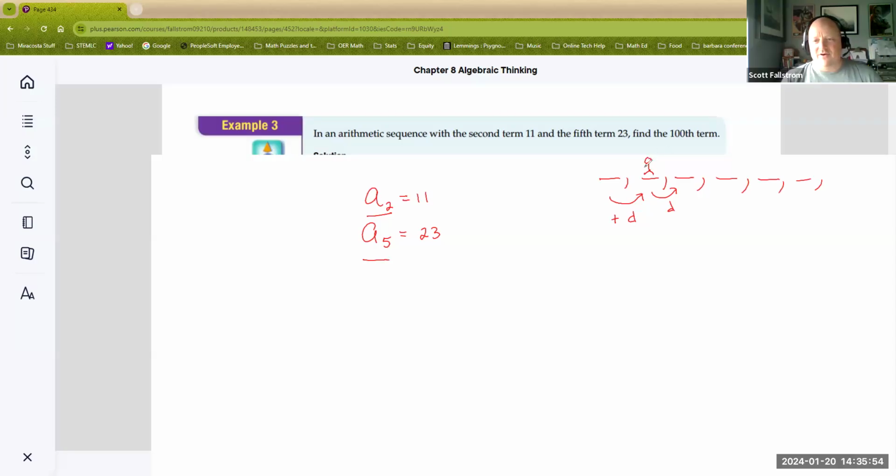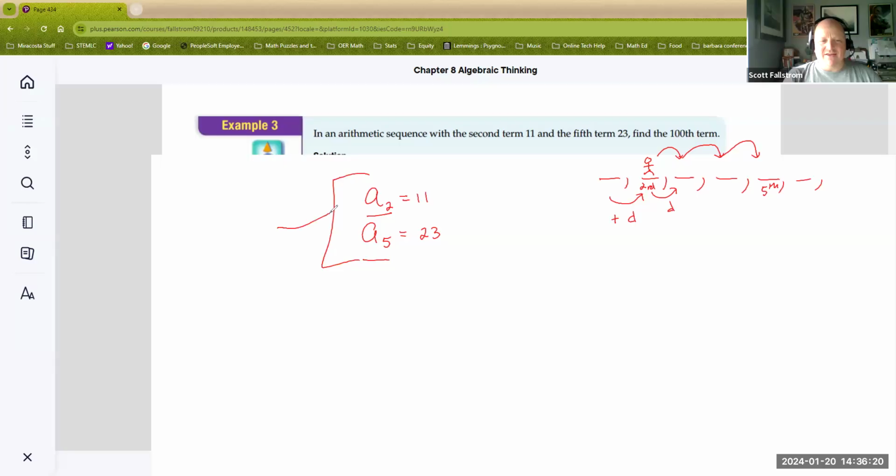If we were living here on the second and we're trying to get over to the fifth, right? Here's the second, here's the fifth. How many steps do we need to take? 1, 2, 3. That's right. So to get to the fifth term, I need to add 3 common differences.